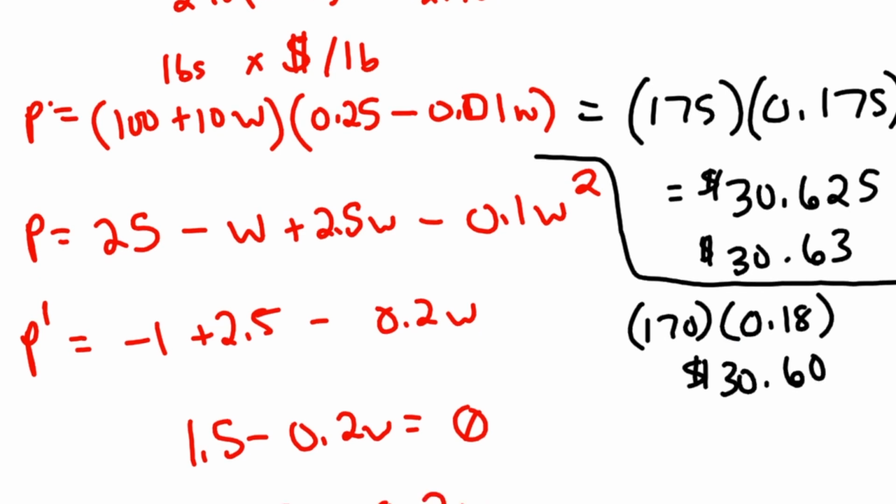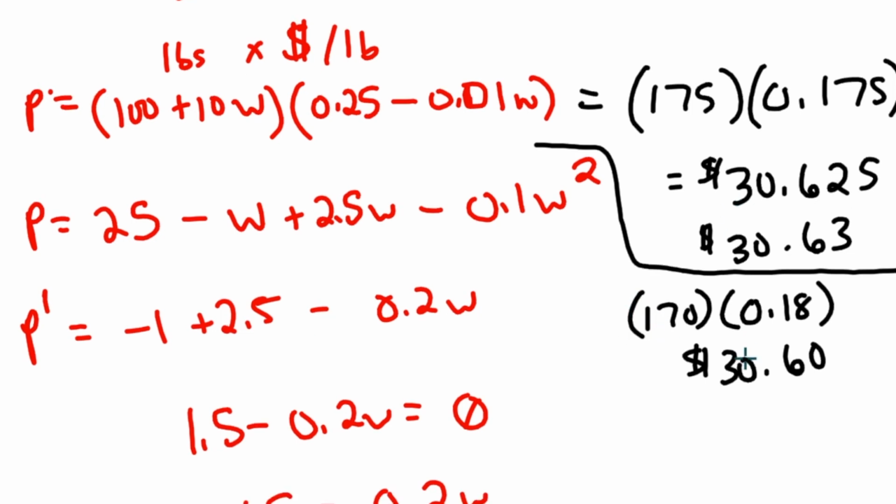Okay? And if we look the other way, if we go out 8 weeks, so that would be 180 pounds, and then times, we're going to do 0.25 minus 0.01 times 8, and you get the same amount. So 7 weeks or 8 weeks, you're getting $30.60 for both of those.